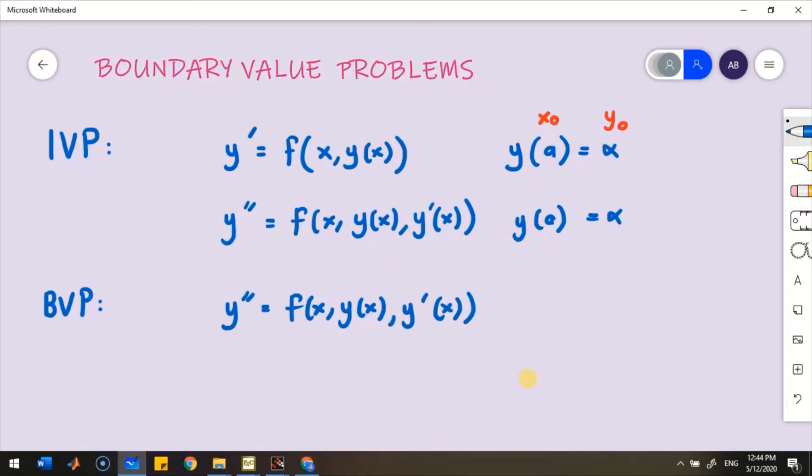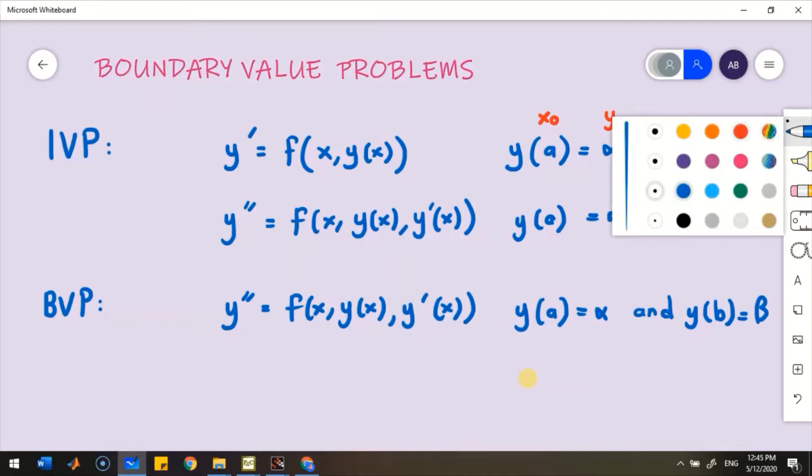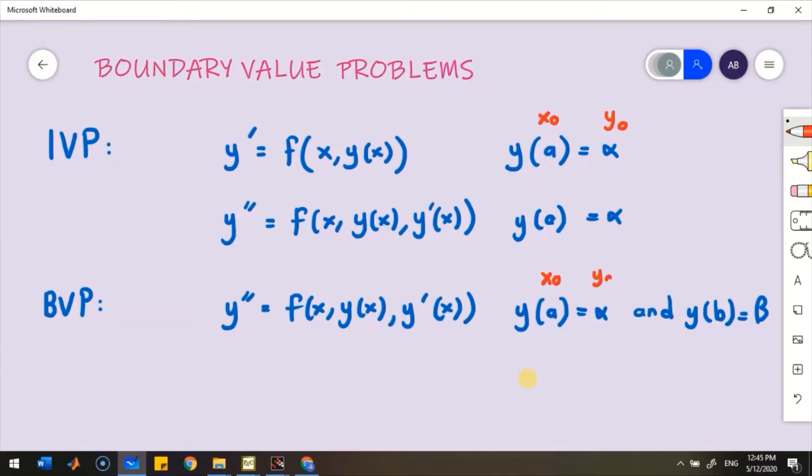We have the 2-point boundary value problem, so we have y of a equals alpha and y of b equals beta. Let me tell you again that this is my x naught, y naught, this is my xn, and the beta here is equal to yn.